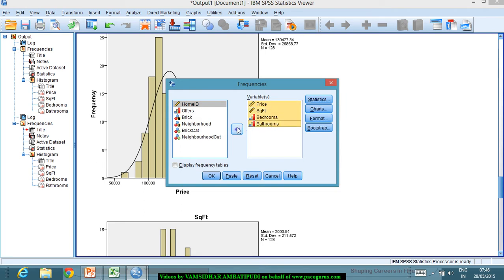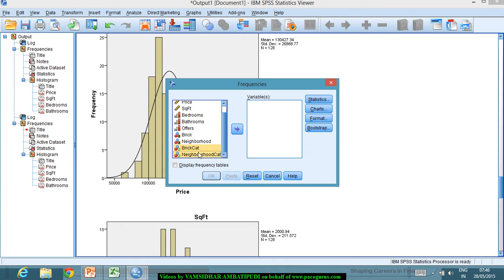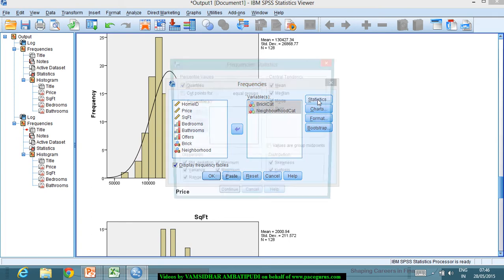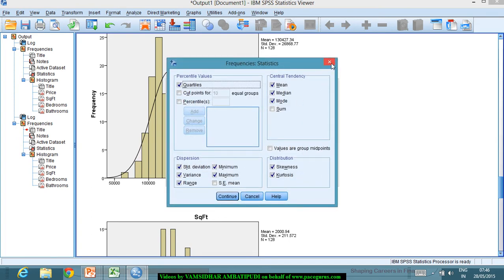Which means here I will select these two, the brick and the neighborhood. I'll display the frequency tables for them, and graph-wise I am not interested in all these things, right? They really don't make any sense for discrete or categorical data.